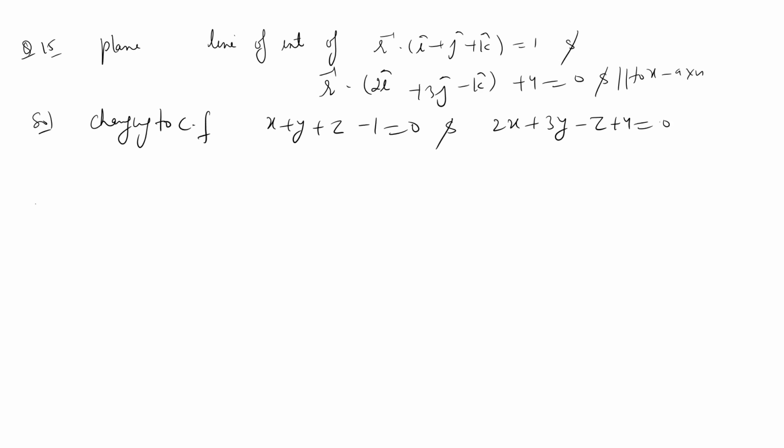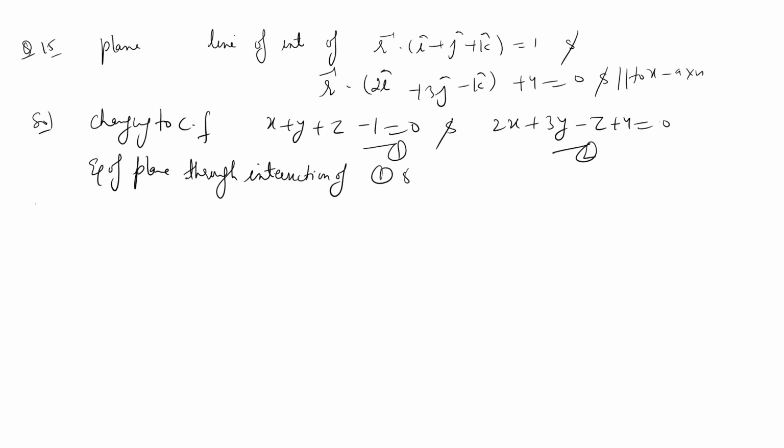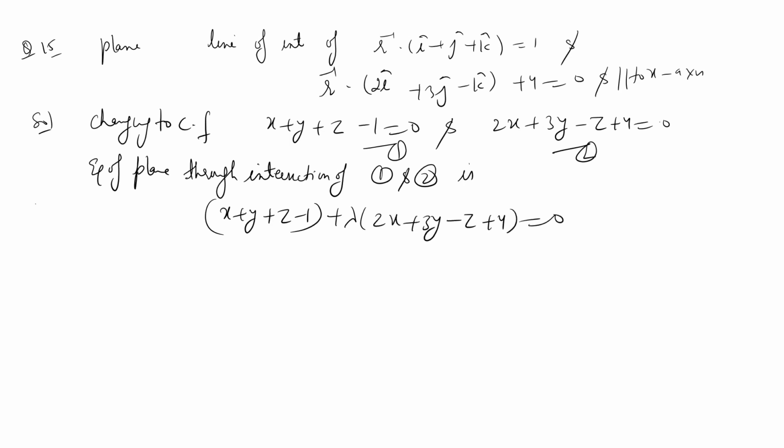Okay, so the equation of plane through the intersection of this 1 and 2 is x plus y plus z minus 1 plus lambda times 2x plus 3y minus z plus 4 equal to 0. So it is better separated because I need the separate terms now.